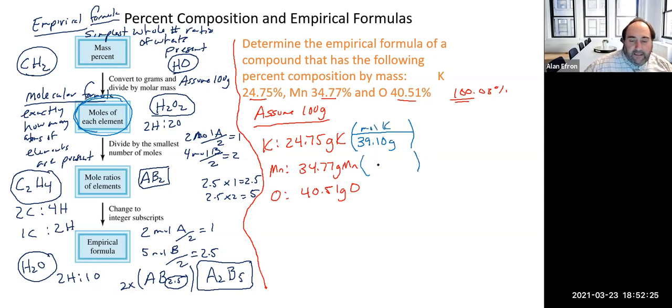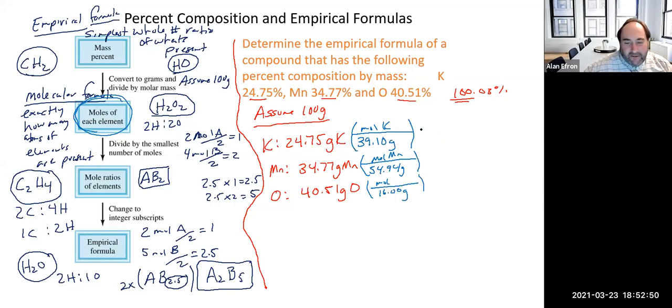Mn from the periodic table is, I think, 54.94. I'm getting old. I don't think I can see that far anymore. 54.94, give or take. And oxygen is 16. We'll see in a second if I guessed right there.